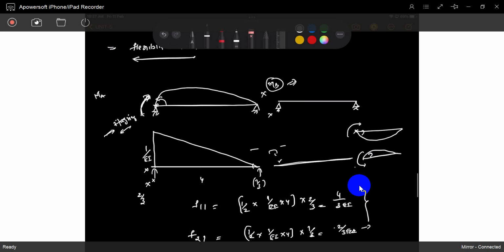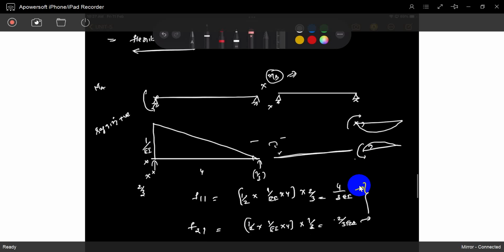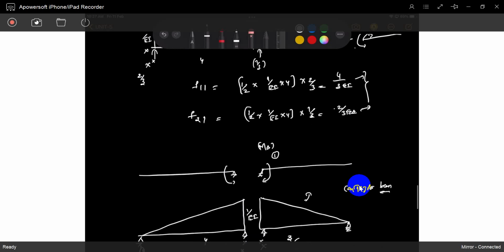If you take sagging as positive, that's also the same; these values don't change. Here also sagging as a positive, sagging value as a positive.